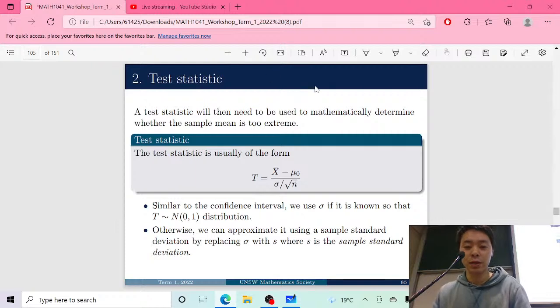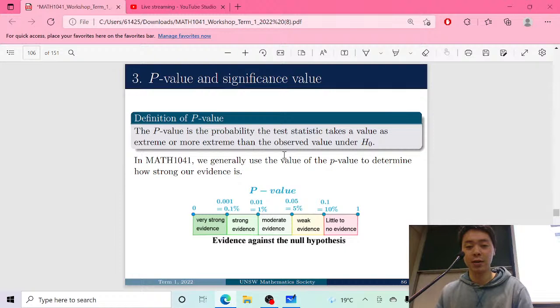If you know what the standard deviation is, you use the normal 0-1 distribution, so you use the standard normal distribution. But if you don't know what your standard deviation is, you can approximate that using a sample standard deviation instead. And as a result, you end up using a t-distribution. We'll have a look at an example a bit later on, just after this.